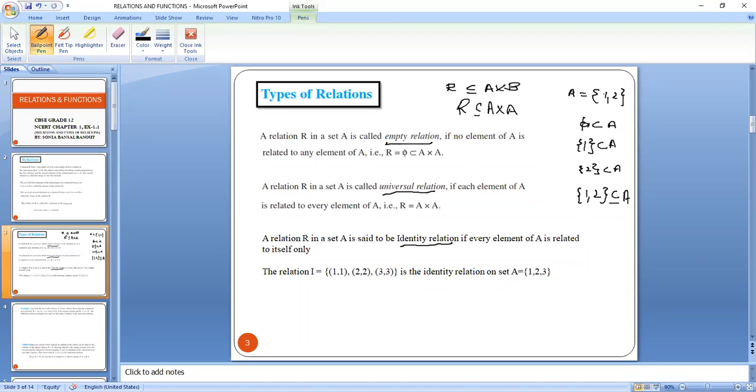So for A, the set of two elements, we are having these subsets. Now phi is called empty subset, and this {1, 2} is a universal subset, right?